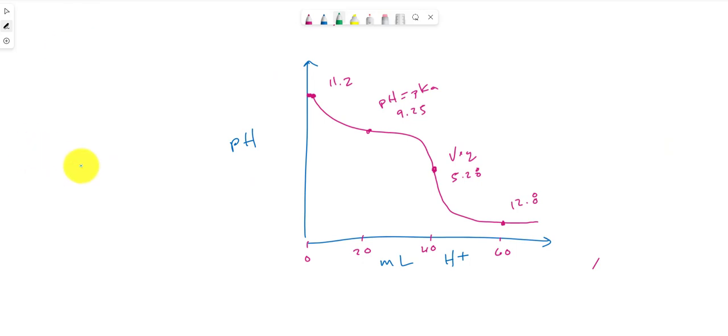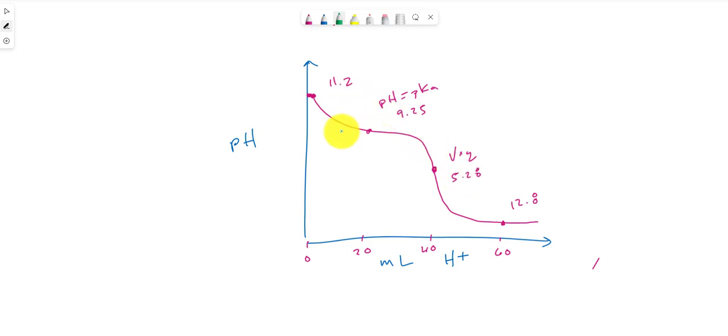So for the titration of a weak base with a strong acid, we just get the inverse of what we had for the titration of a weak acid with a strong base. We start at higher pHs because that's the weak base in pure water. So we had 11.2. Figured out that equimolar amounts of the acid and base would take 40 milliliters. That's our equivalence volume at 5.28 pH.